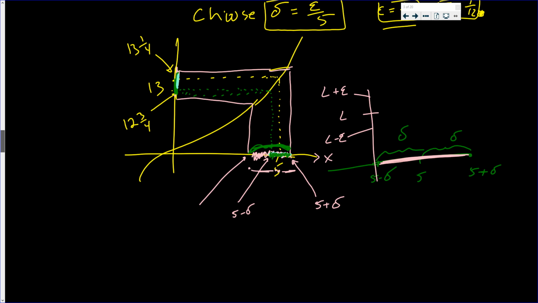I can say a stronger statement. I can say f of stuff from here all the way up to here will end up between L plus epsilon and L minus epsilon. But that messes with the delta. I want it to be C plus delta and C minus delta.